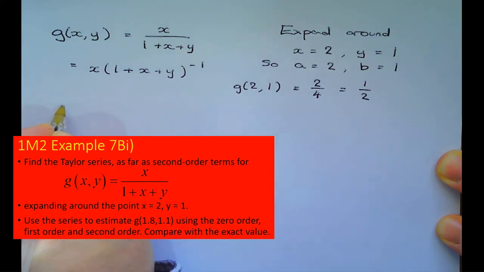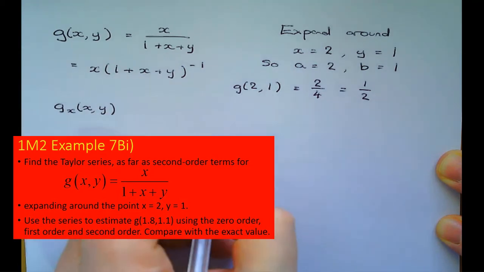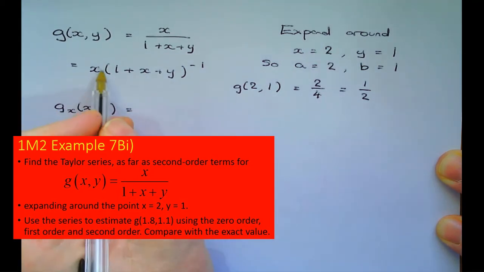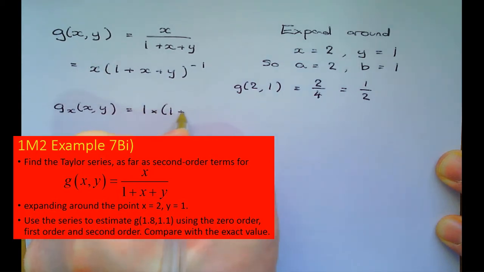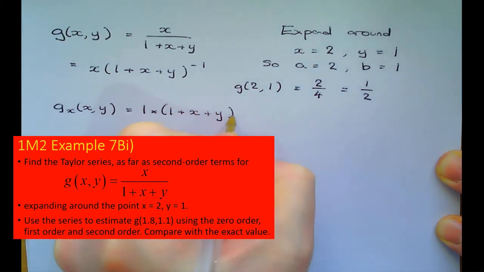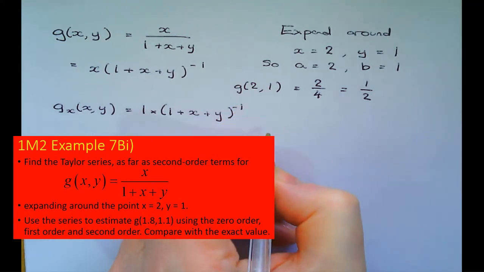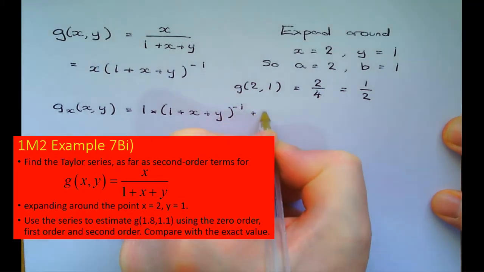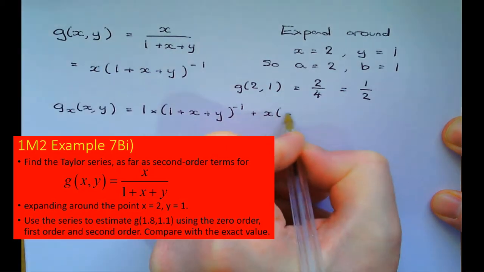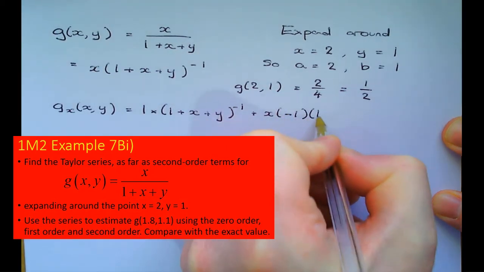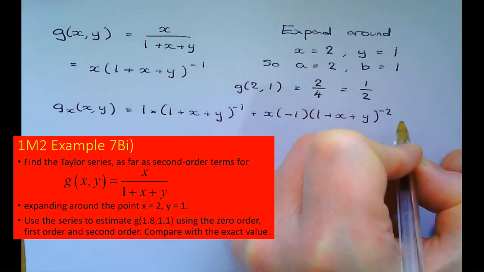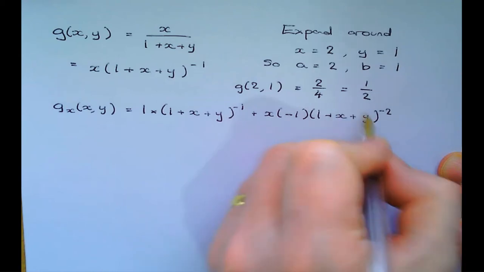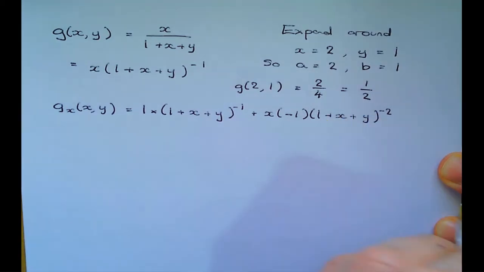The derivative with respect to x, firstly at the general point, product rule, will have 1 times 1 plus x plus y to the power minus 1 plus x times minus 1 times 1 plus x plus y to the power minus 2. The derivative with respect to x of the bracket is 1.